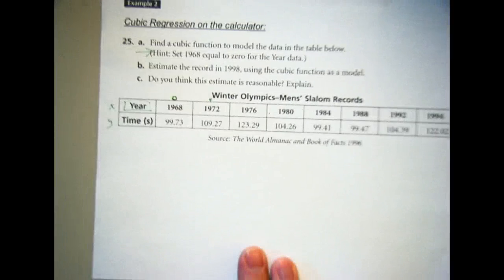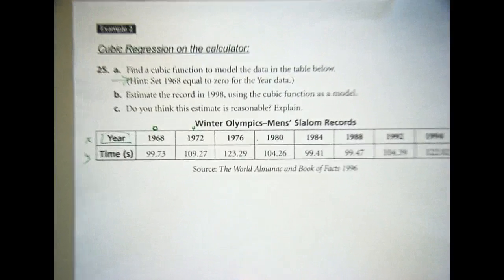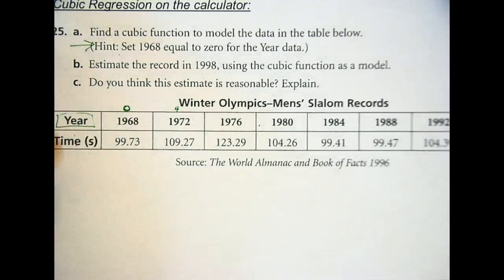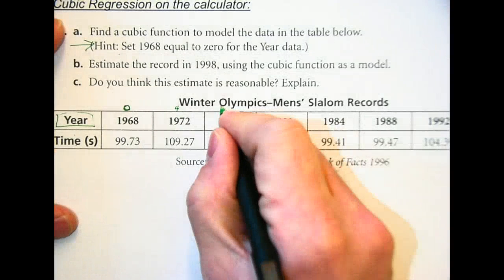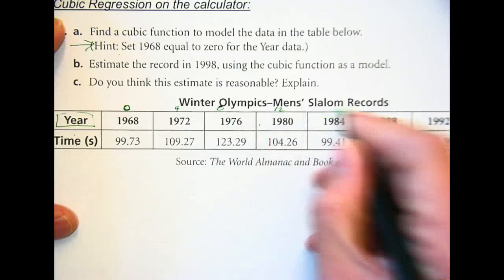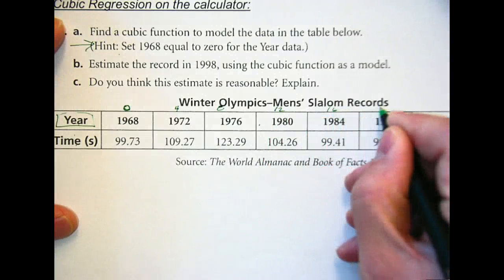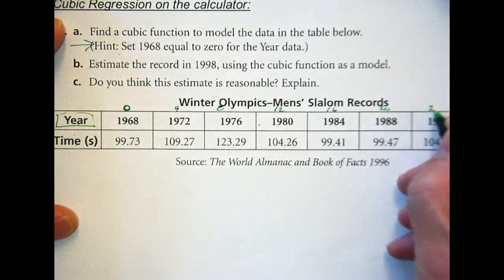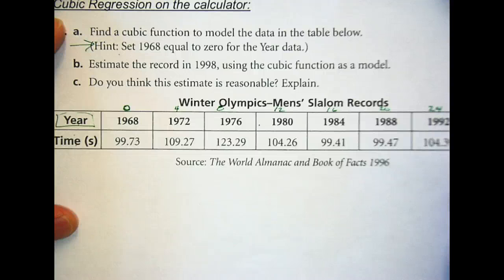All right, I'm going to zoom in a bit here, but just to make sure that everyone's clear: 0, 4, 8, 12, 16, 20, 24, 26. Be careful, this one only increases 2 years. Why?